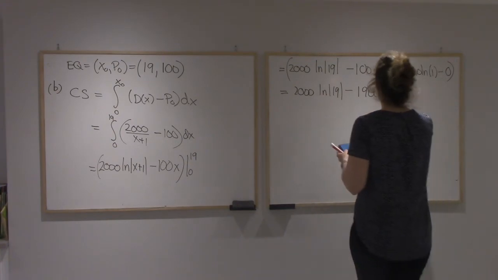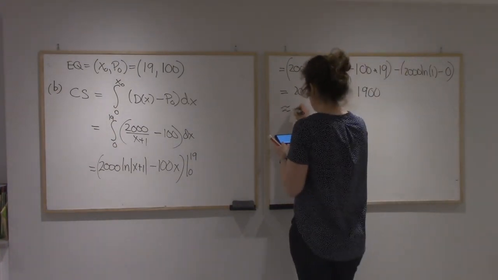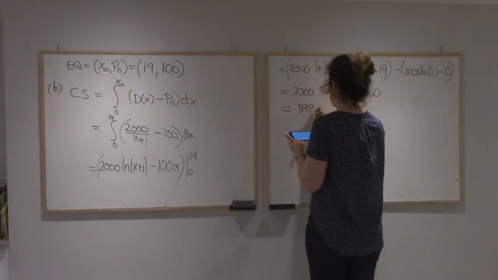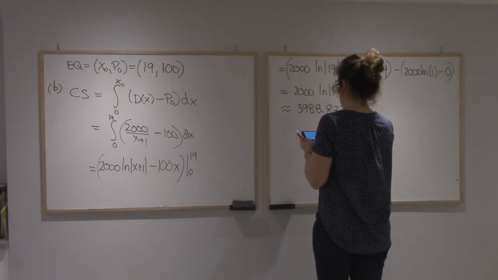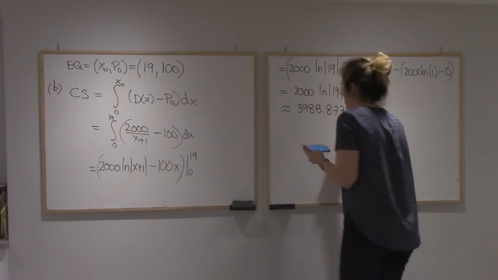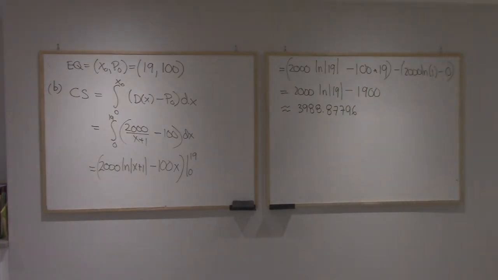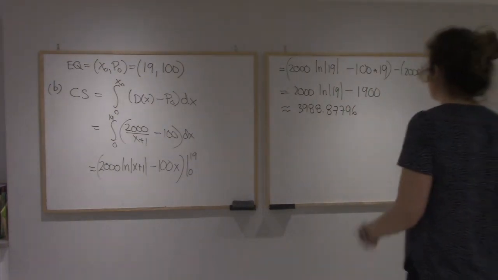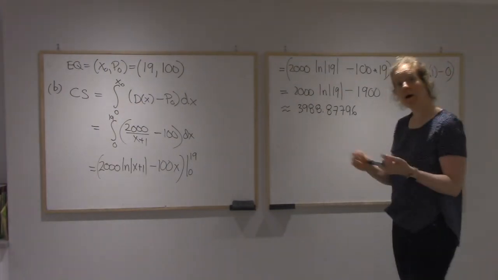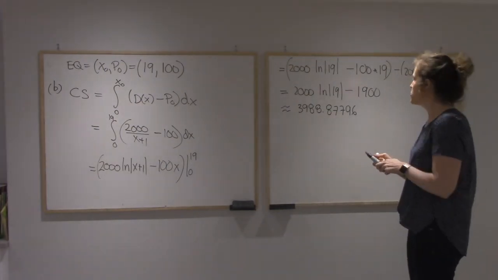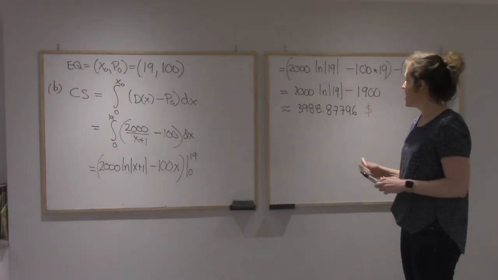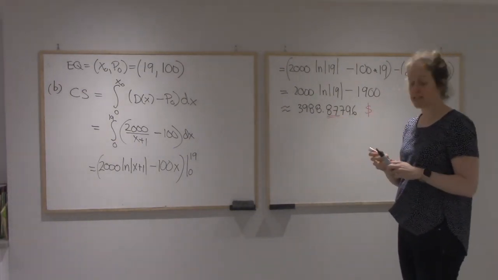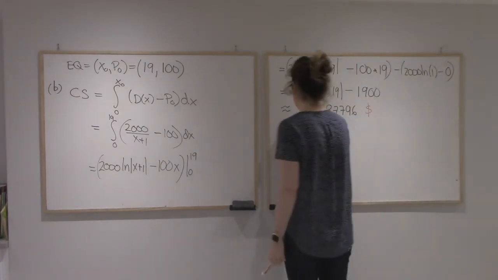I'm getting 3988.87796. All right. So now, since this is a real life number, there are certain rules to rounding it. If you're thinking dollars, then you keep up to the cents. Afterwards, you round.